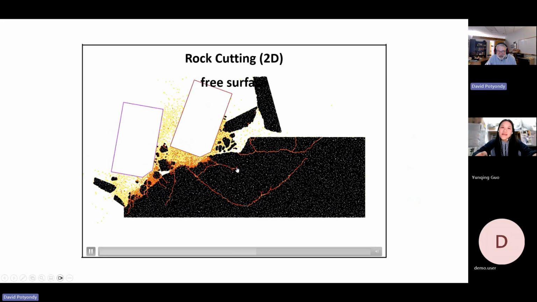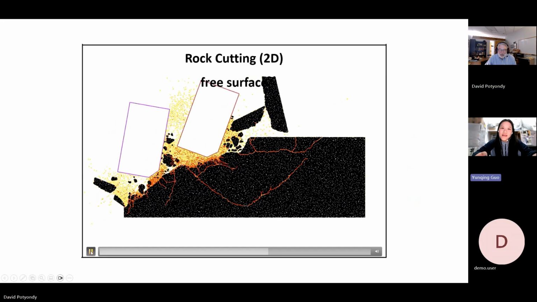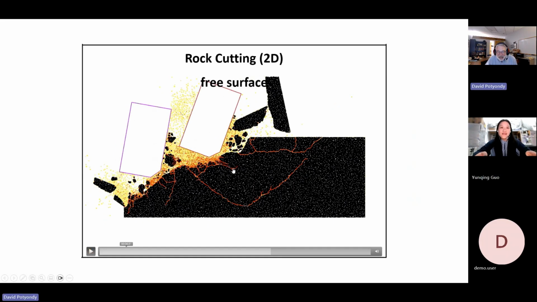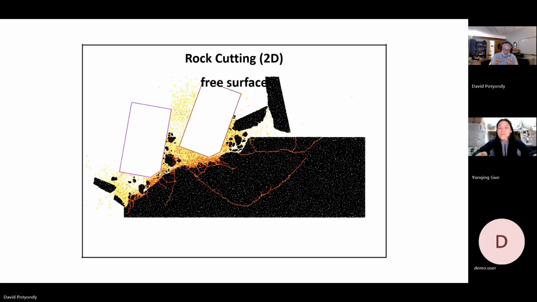It started to form a fracture, but it stopped. Part of the reason it stopped is because there's still some confinement on this thing. A fracture itself is very sensitive to confinement. If you have a surface forming in a solid, if you squeeze this way, it makes it harder for that fracture to grow.